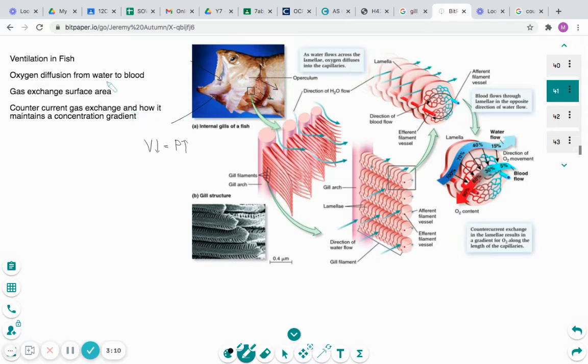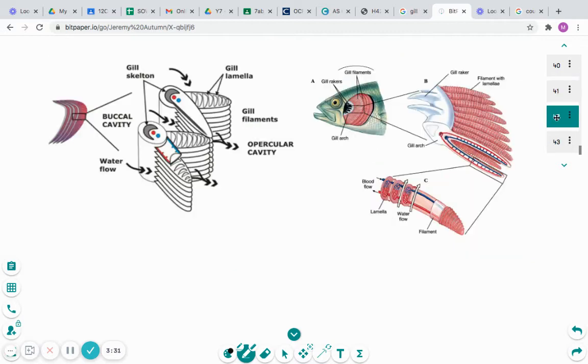Okay, so the oxygen needs to diffuse into the bloodstream. So we need the rate of diffusion to be as high as possible. One way we can do that is by having a large surface area. So the gills, you've got a main gill arch here, and off this gill arch you get pairs of filaments all branching off it.